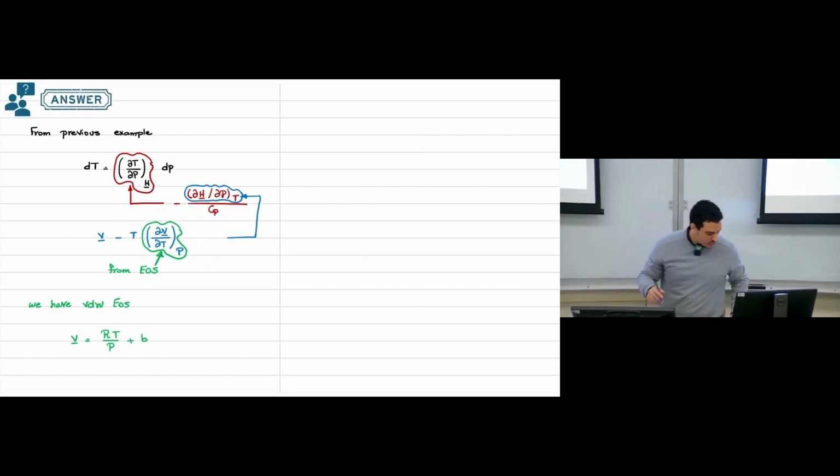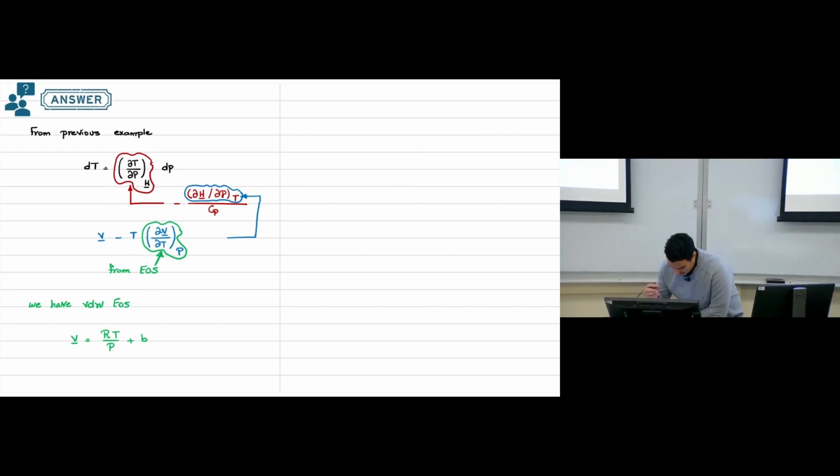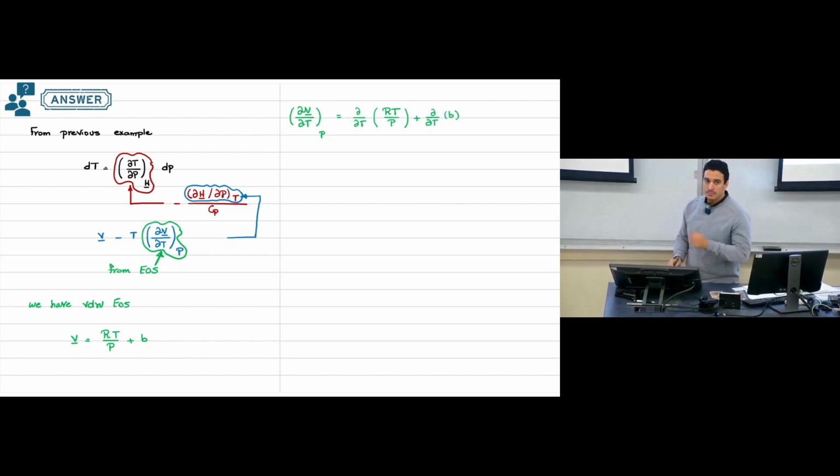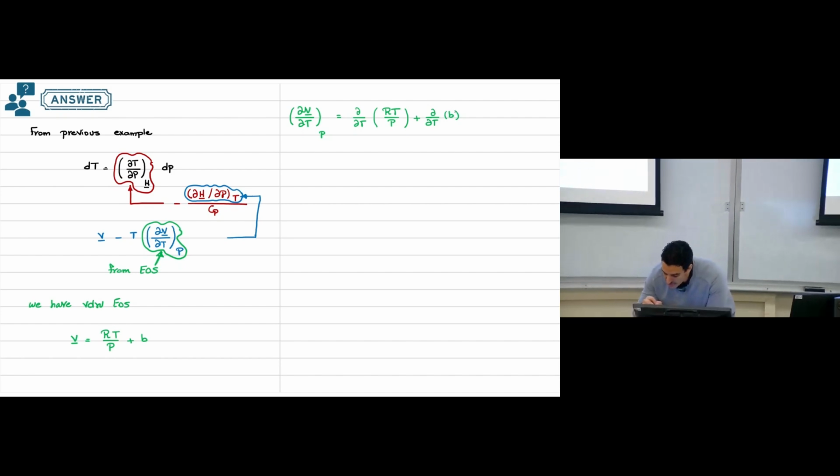In order to find dV by dT at constant pressure, this will be d by dT of the first term, RT over P, plus d by dT of the second term, B. B is a constant coefficient, so this term will be cancelled.